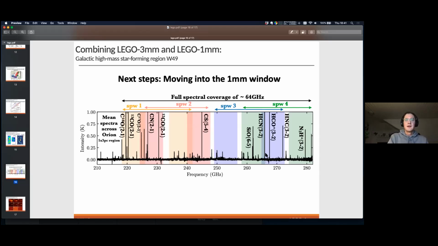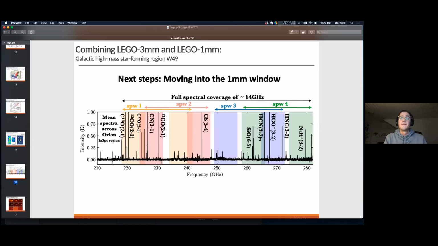Here's an example of one such spectrum. And then we have these new observations with APEX following up, covering a similar area in W49, but now with these higher J transitions, so the 2-to-1 transitions for the CO and the 3-to-2 transitions for those high density tracing lines up on the high frequency end here.